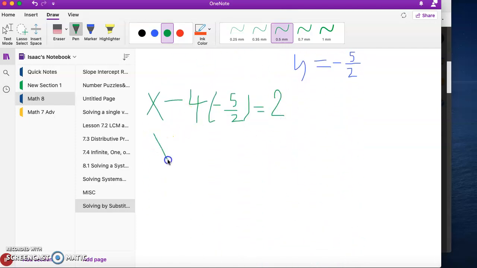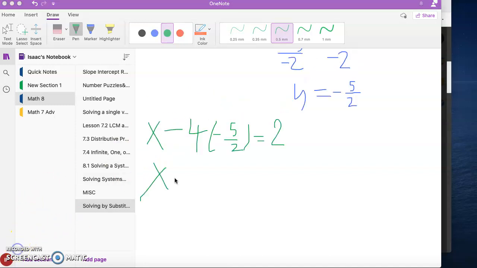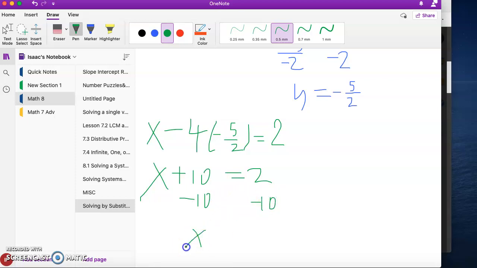Then I'll get 4 times negative 5 over 2 comes out to, let's see, 10. So that's x plus 10 equals 2, subtracting 10. And we'll get x equals negative 8.